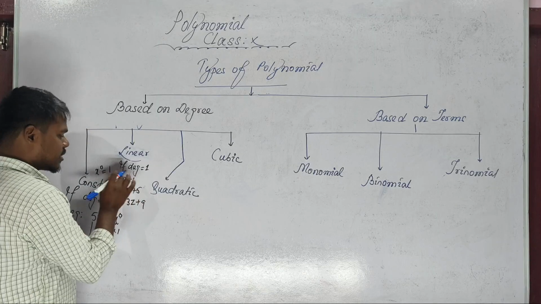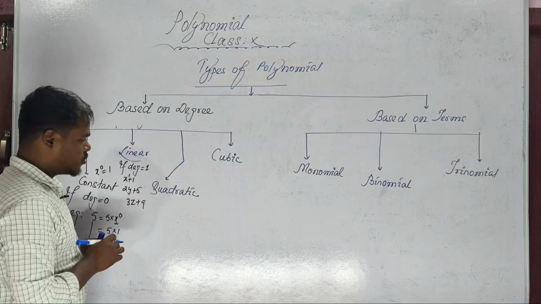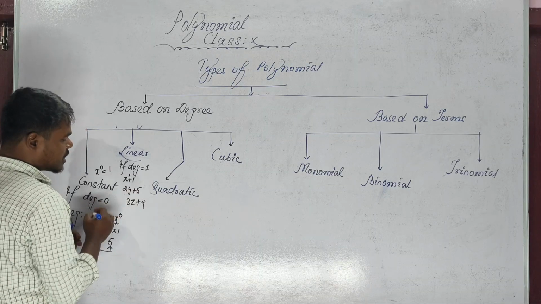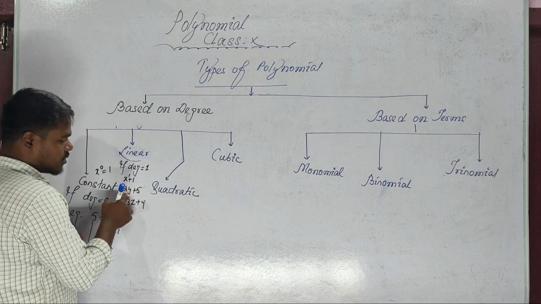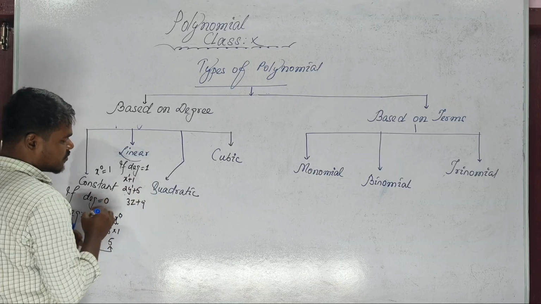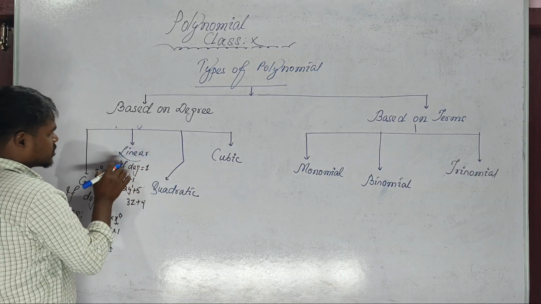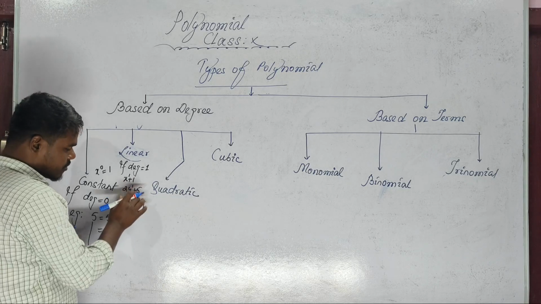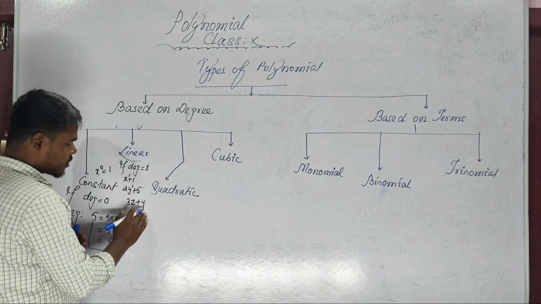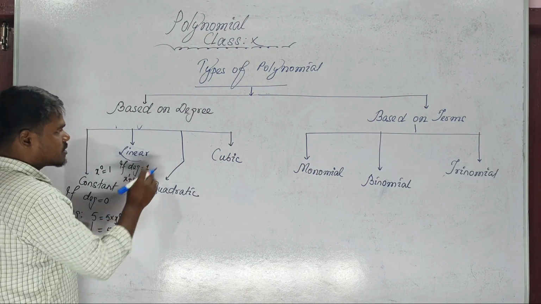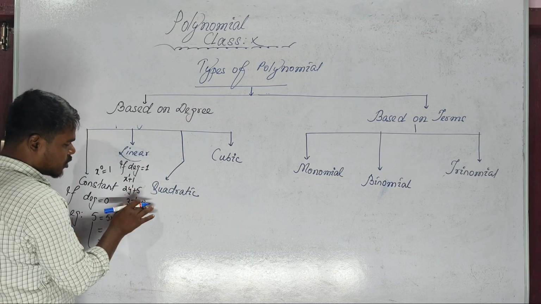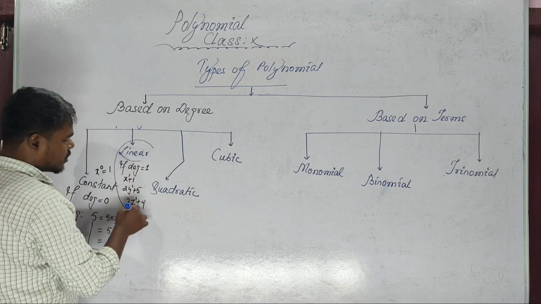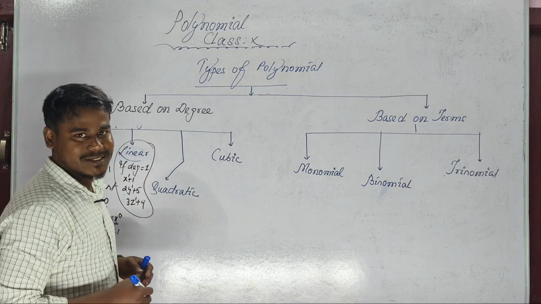That's why this is a linear polynomial. Similarly, in 2y plus 5, y is the variable, and the highest power is 1, so degree is 1. Similarly, 3z plus 9, the highest power on the variable is 1, degree 1. That's why these are linear polynomials. Understand or not?